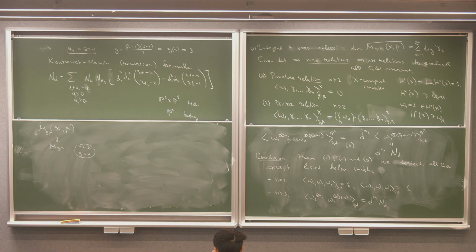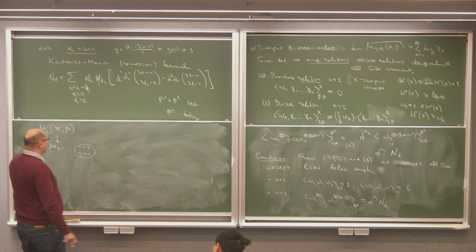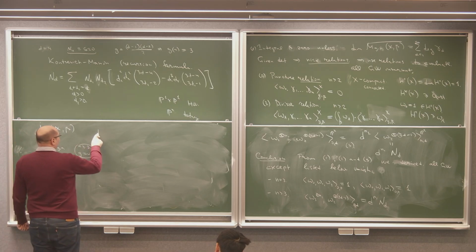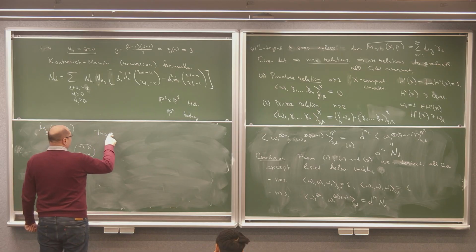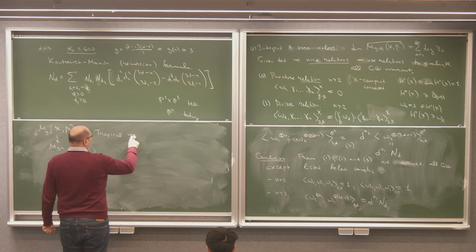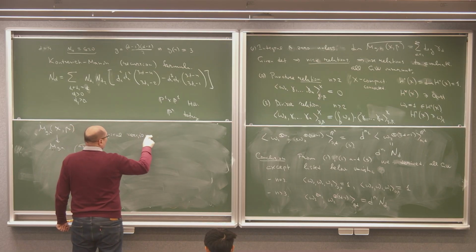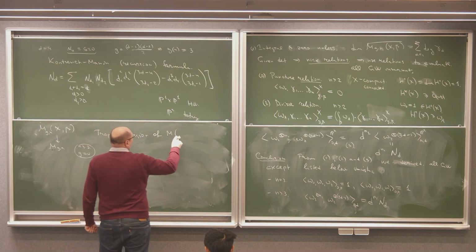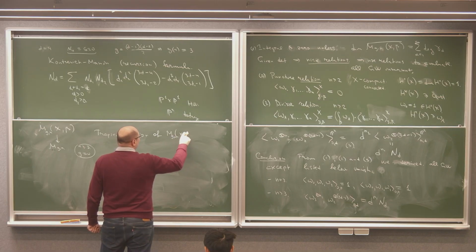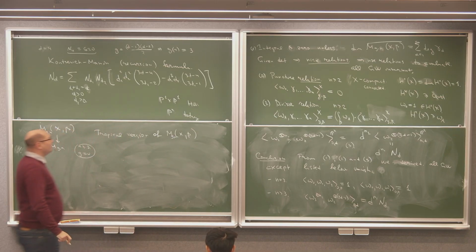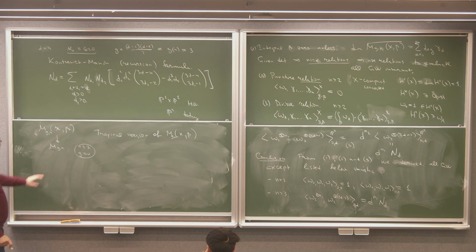However, I don't want to get into this because it's complicated and I'm not an expert in this business. But when we get to tropical moduli spaces, the tropical version of M, G, N, X, there is a simple way of extending this moduli space.